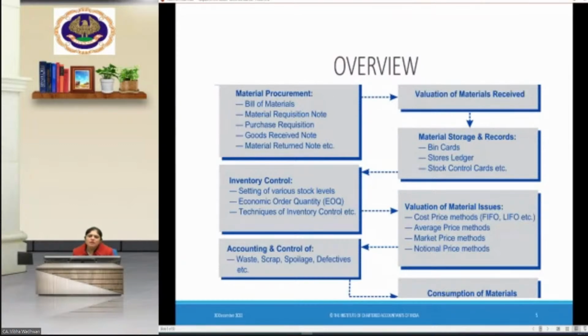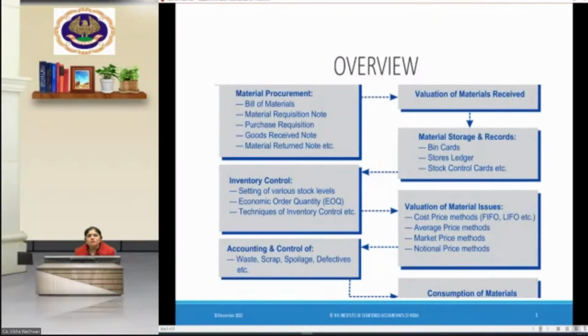So it's a request note that we want this material. The production department will send the material requisition note, okay, we want this material for production. Generally any department which requires the material will send the material requisition note, that is MRN, to the stores department, because the stores department handles most of the inventories.